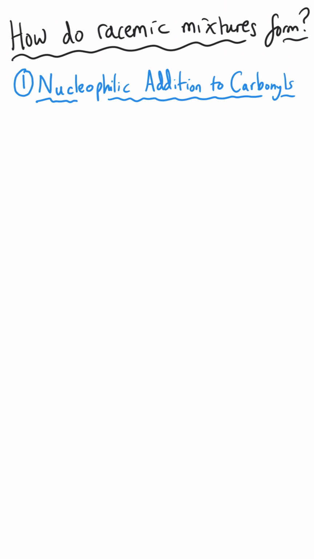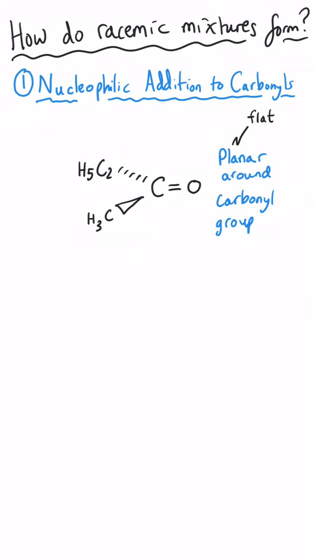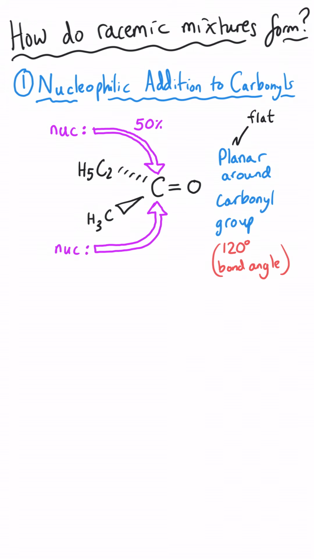If we consider the bonding around a carbonyl, let's make this butanone, the carbonyl carbon has got a planar arrangement around it. The bond angles are all 120 degrees. And so what that means is when a nucleophile attacks that carbonyl carbon, there is a 50-50 chance that the nucleophile could attack from above or below.